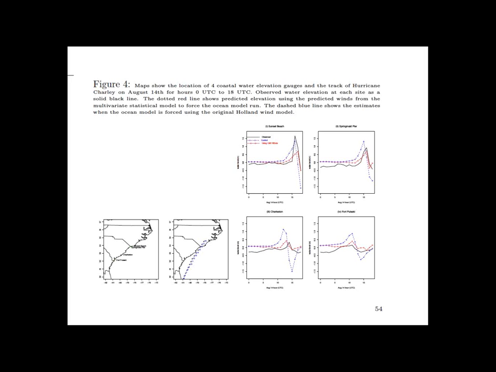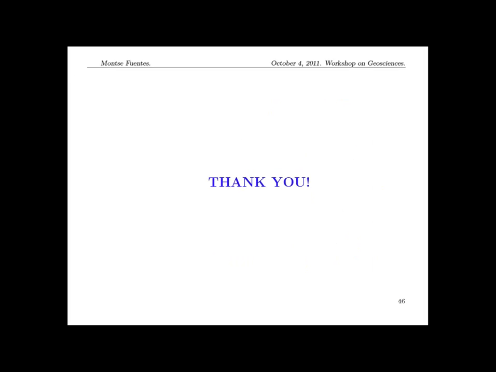In blue, we have the current operational setting, which uses the Holland model for the forcing fields. And in red, we have as input our predicted surface, combining the Holland model with the stochastic component, and it seems that we are able to better reproduce the storm surge. Thank you.